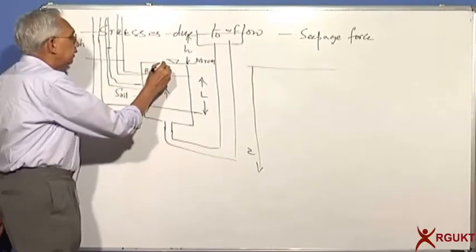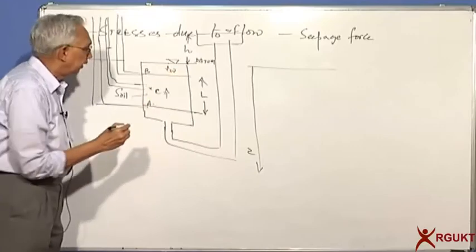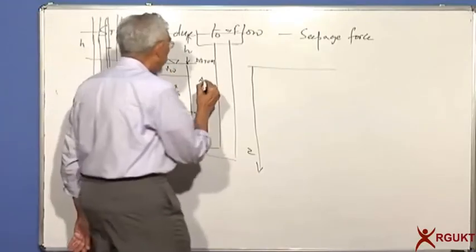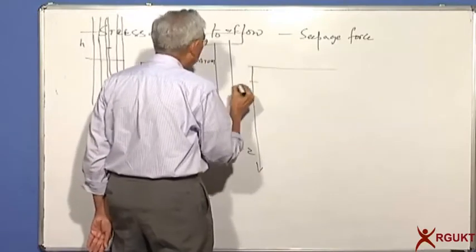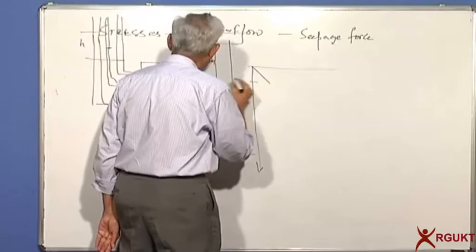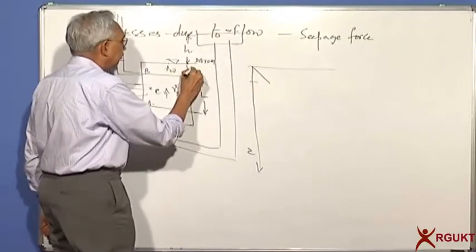From here to this point, the unit weight is that of water. I have saturated unit weight below. So can I say up to here, it is gamma W into whatever depth. Let's say this will be equal to some L1.